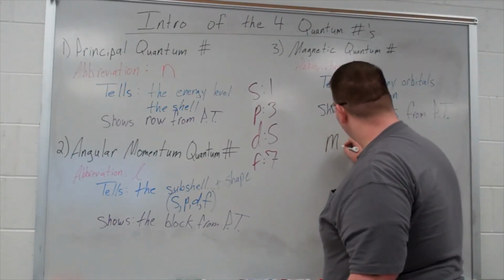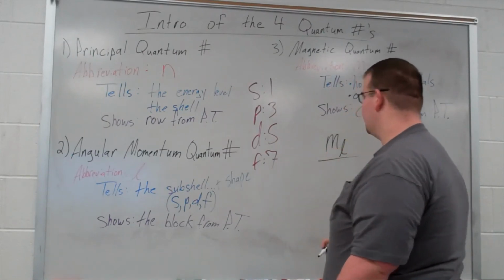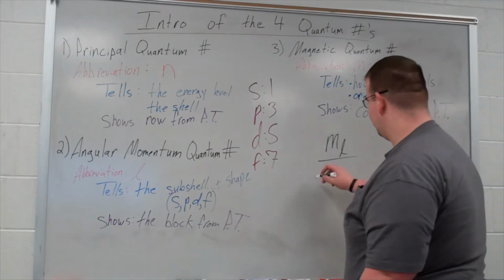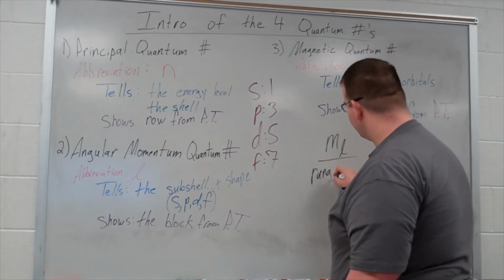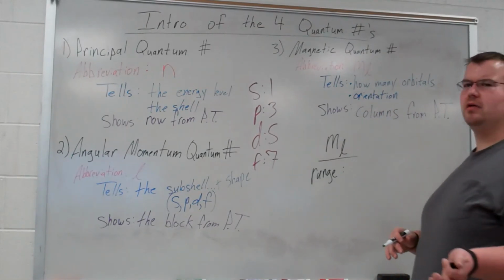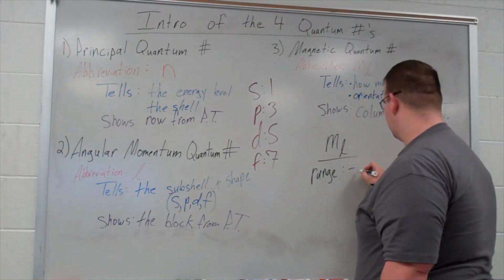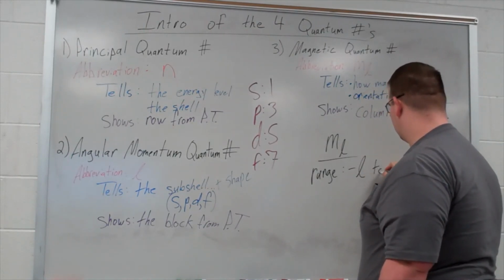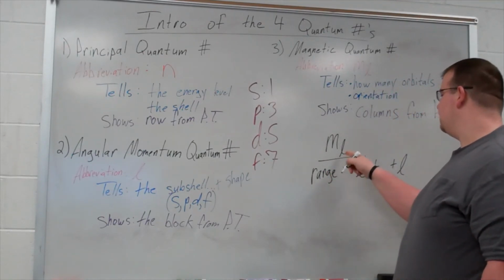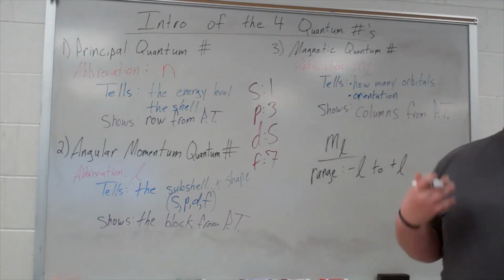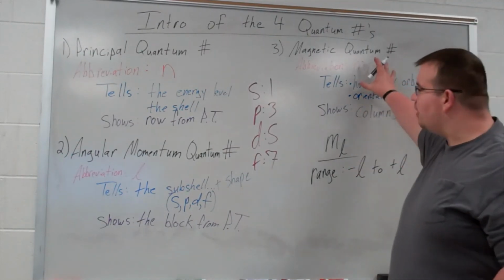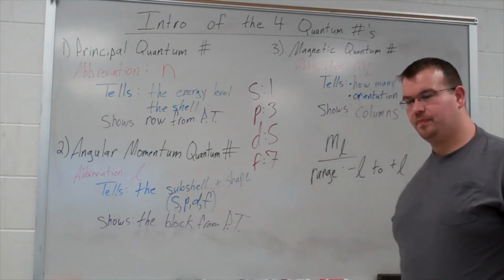This also has a range. So M sub L has a range. The range goes from negative L to positive L. This is where that little subscript comes in to remind you that this number is dependent on that. This number depends on this number.